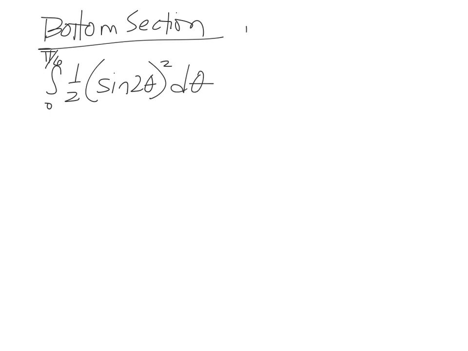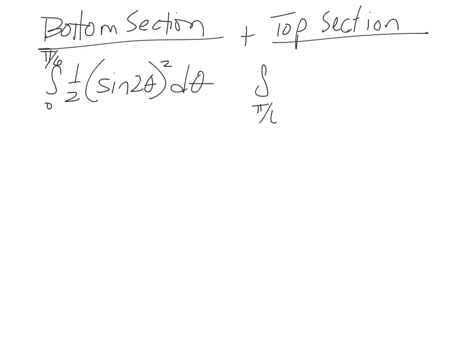And then we're going to add to that the top section, which is going to be the integral from pi over 6 to pi over 2 of 1/2 times r, which the r for the top section is bounded by the circle, which is cosine theta squared d theta. So we're adding these two integrals together.